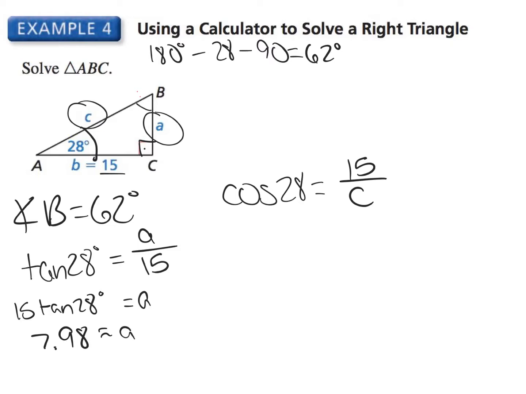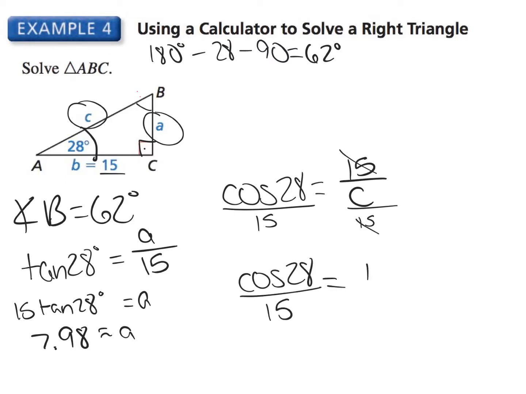In order to make C by itself, I first need to divide by 15 on both sides. So that goes away. So now I have cosine 28 over 15 equals 1 over C. It is not just a C, which means if I want to have C by itself, I'm just going to go ahead and flip it to the reciprocal.